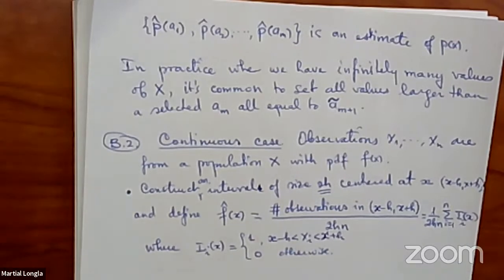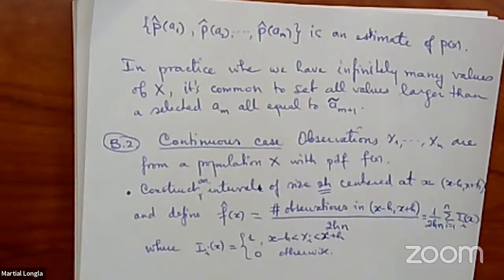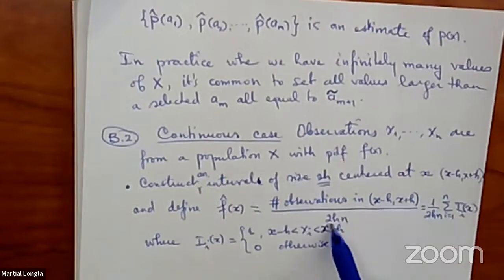So you construct that interval of size 2h that is centered at x, and you count all the observations that fall within that interval. And then you divide by 2hn.